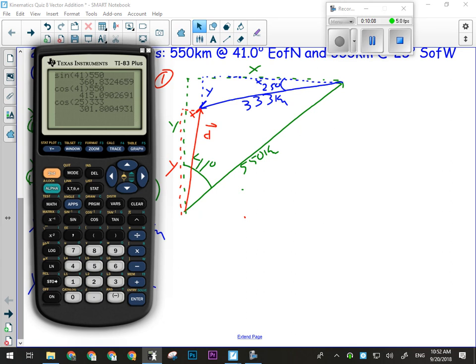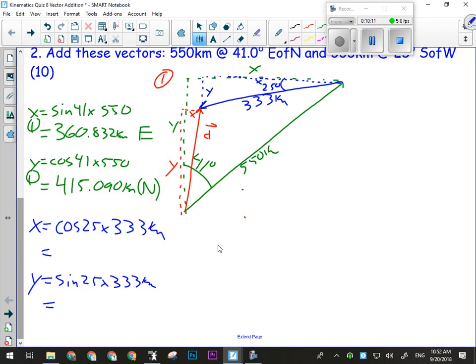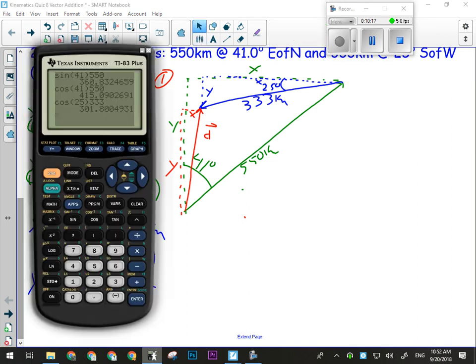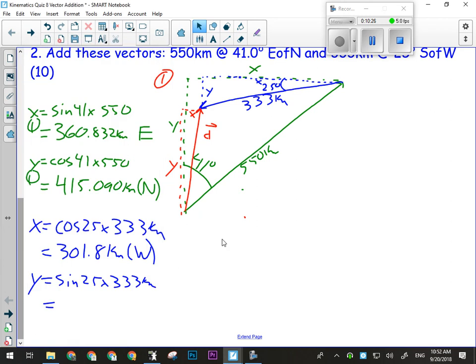Okay, 301.8 kilometers west. 140.732 kilometers south. Okay, 1 mark for each of those.